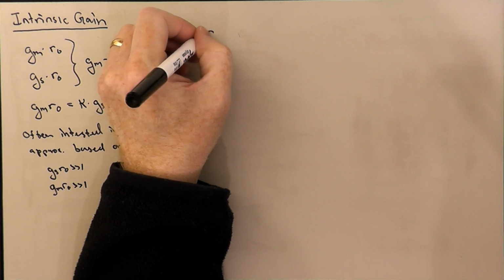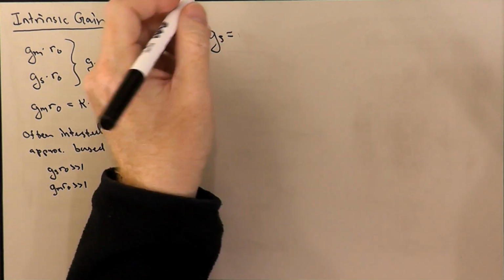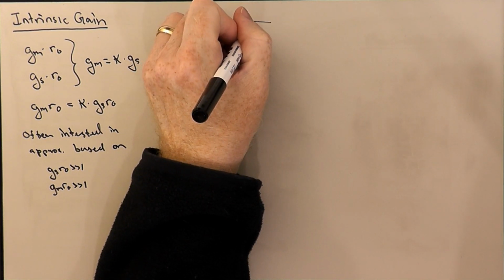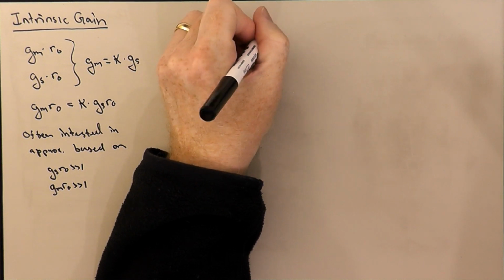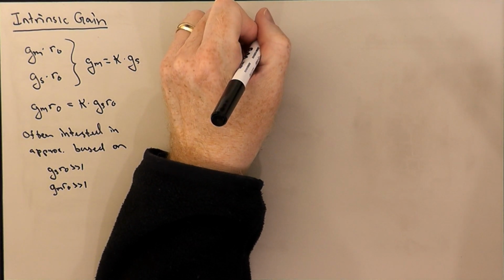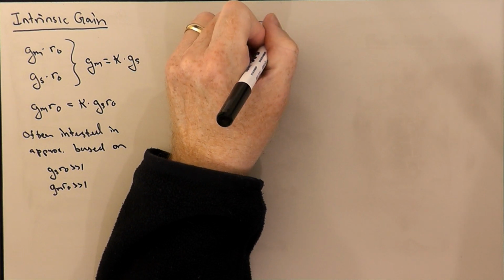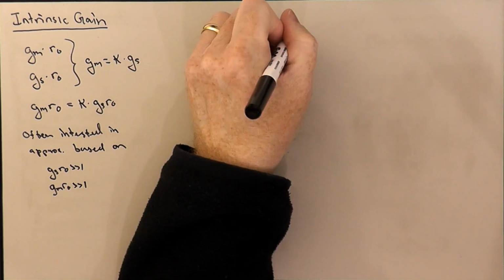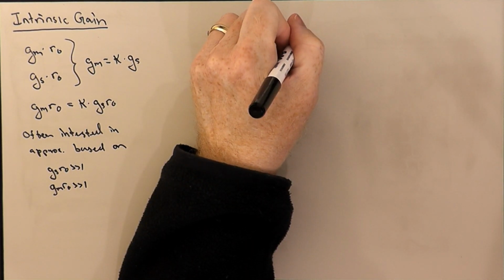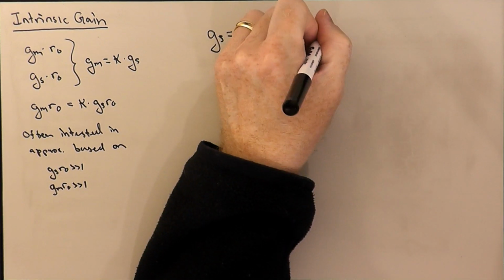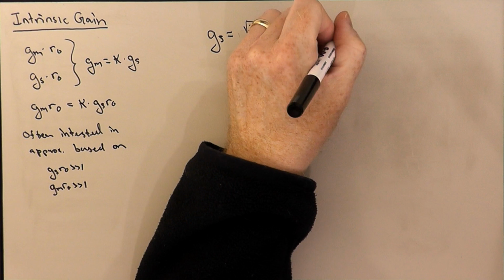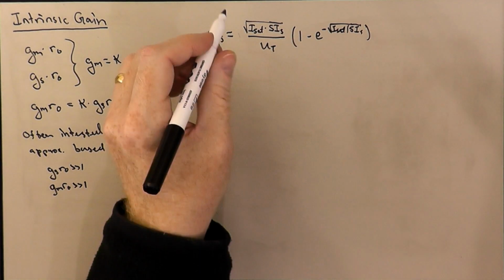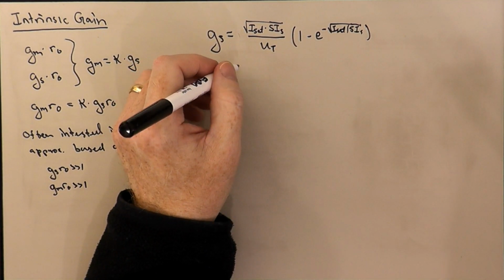So GS on the EKV model is basically the square root of I sat times IS, the specific current, divided by UT times 1 minus e to the minus square root of I sat over IS. That's the general expression from the EKV model for the source conductance.